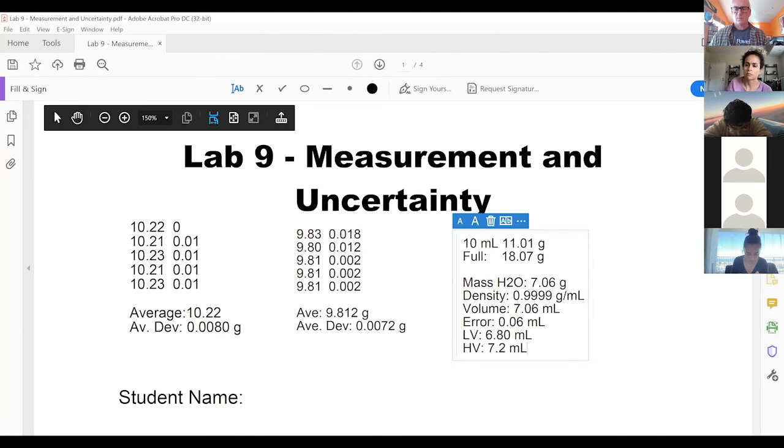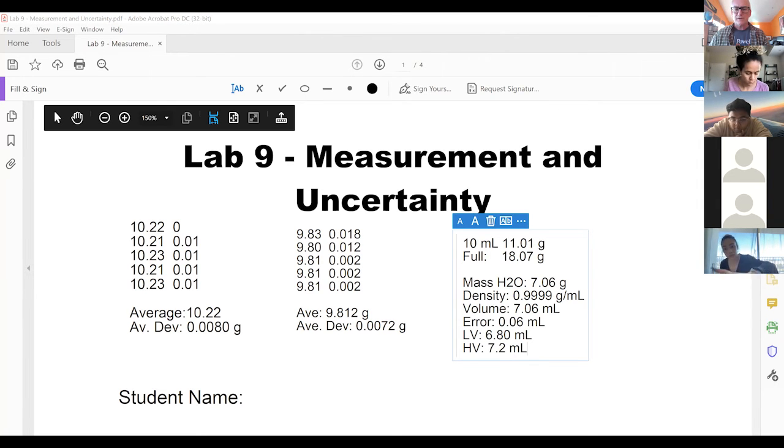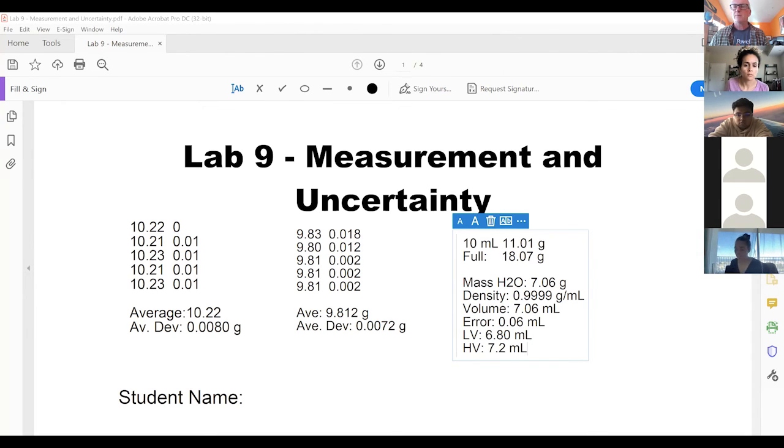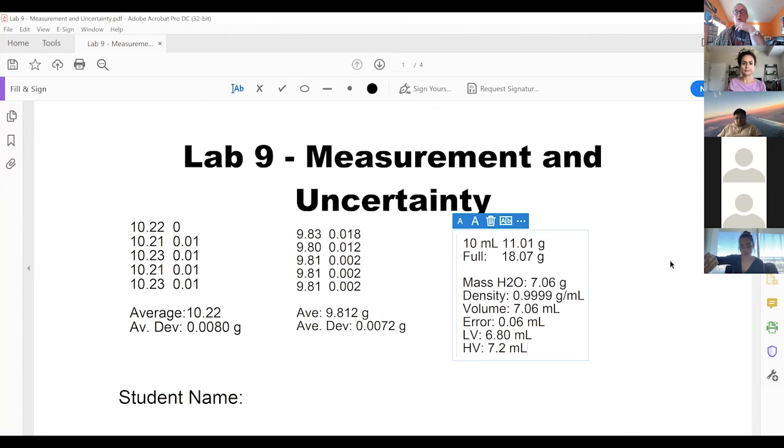So the volume of the water would just be the measurement of it in milliliters? What screen are you seeing right now? The one you've been typing on. I can't see it now. Let's see if I can get it back up. There we go.